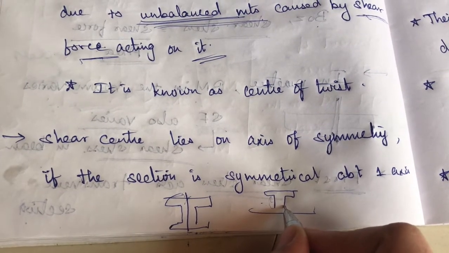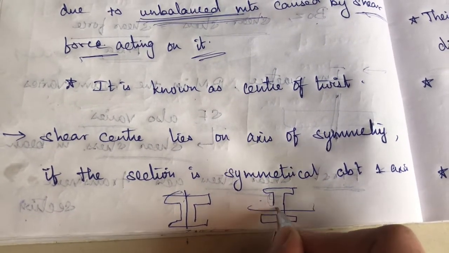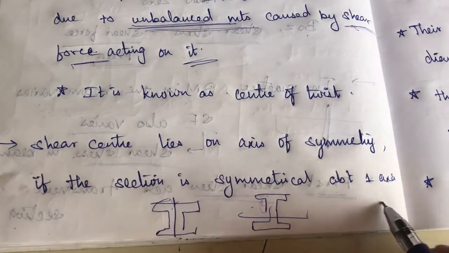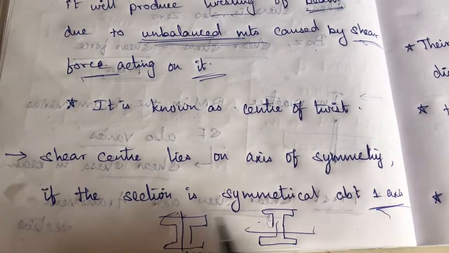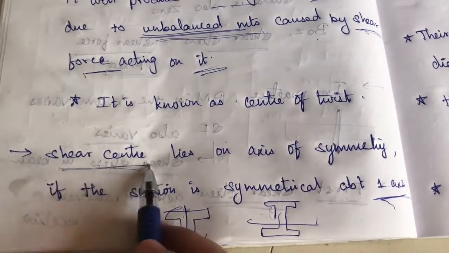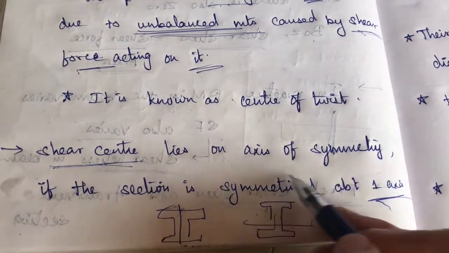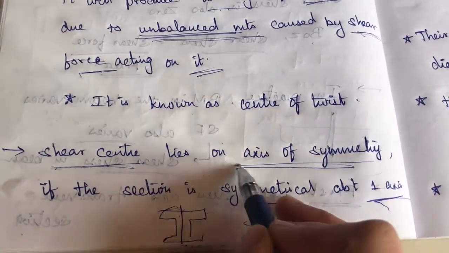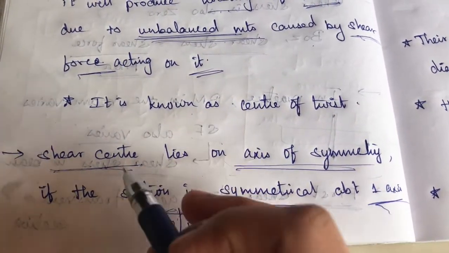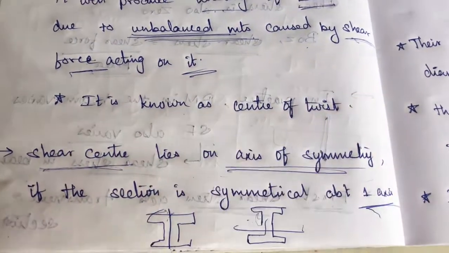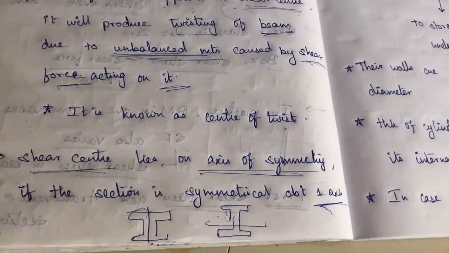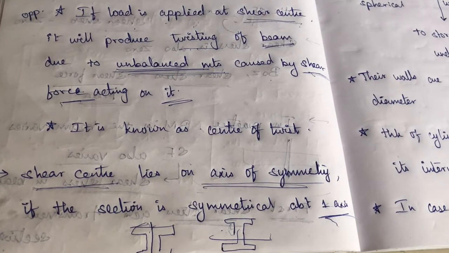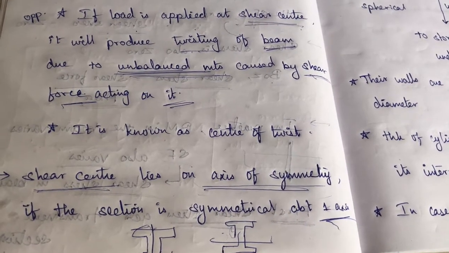So likewise, if it is symmetrical about one axis, we can easily say the shear center will lie on the axis of symmetry, either y or x. It depends on the section.